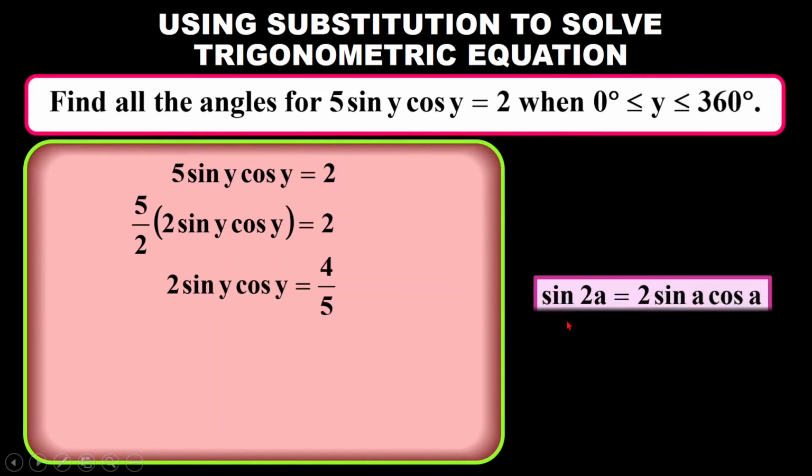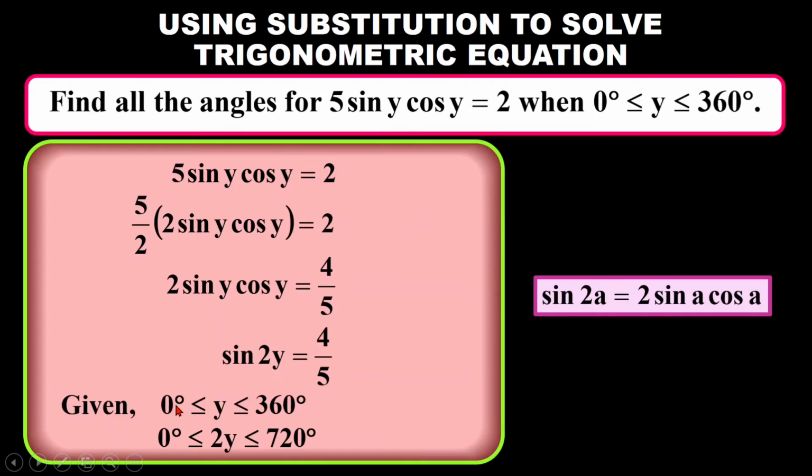So I can actually use this formula, sine 2a equals 2 sine a cos a. So my equation can be substituted with sine 2y. Now I have a double angle 2y here, so I need to check with the one that they gave me, which is y.